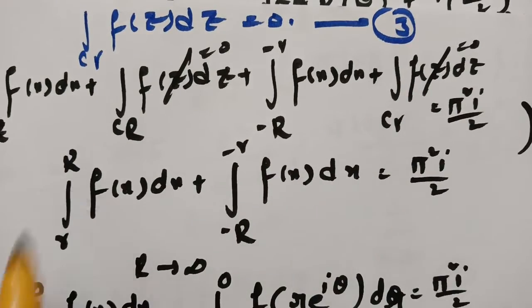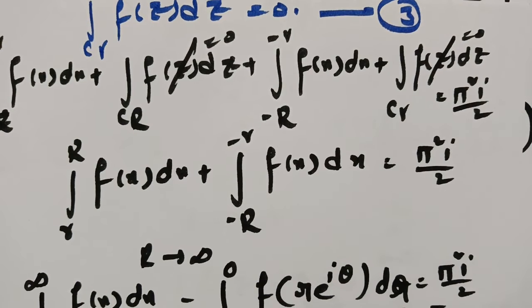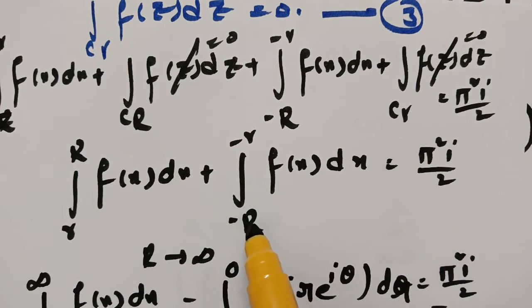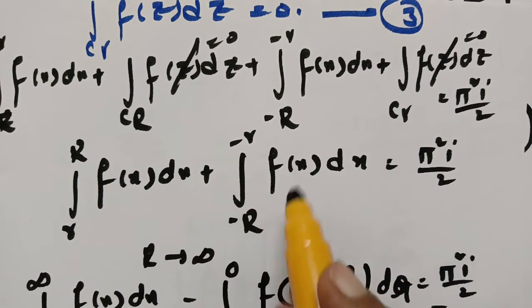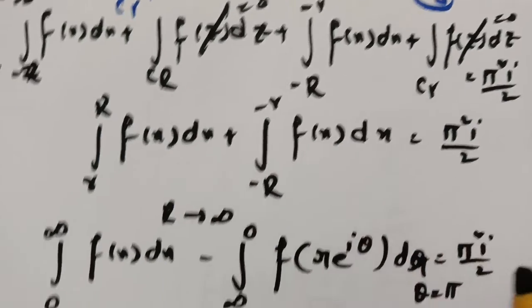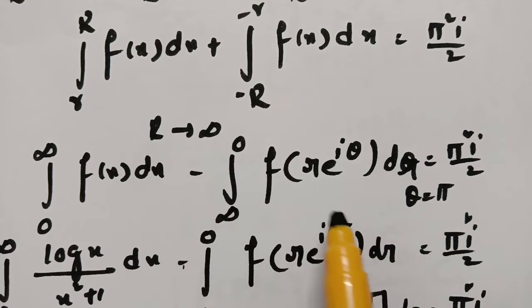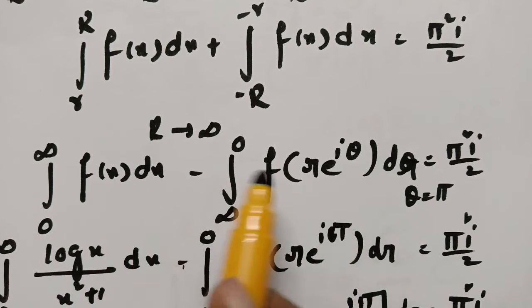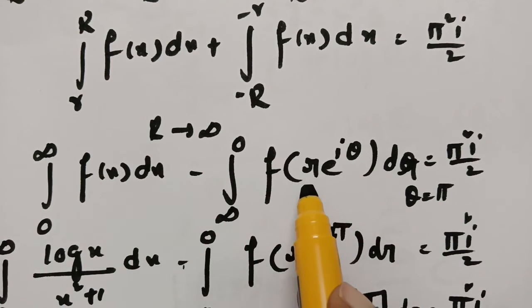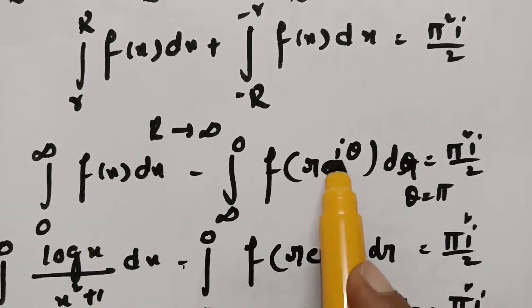So here this is small r to capital R, and the next one is minus small r to minus capital R. As these two are in the reverse direction, and as capital R tends to infinity and small r tends to 0, here x value is nothing but small r into e power i theta.